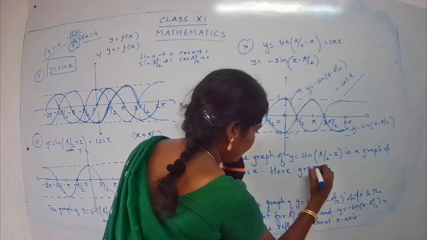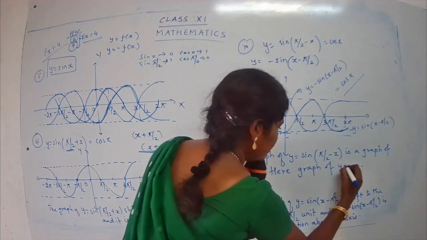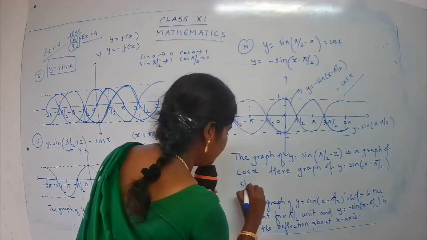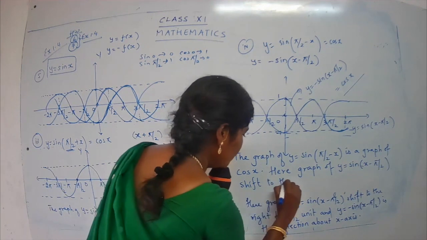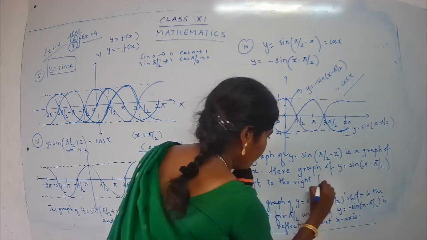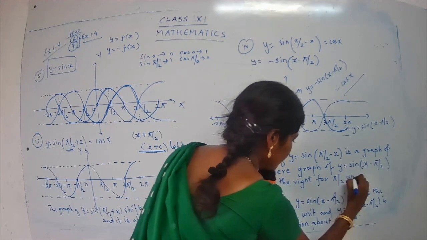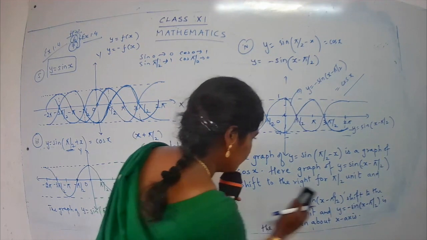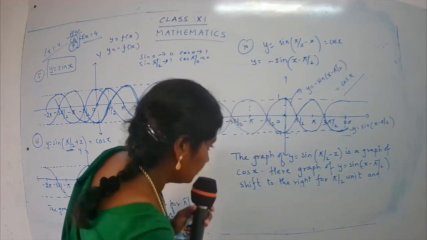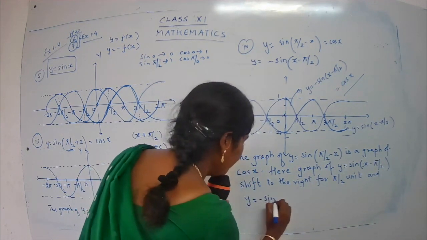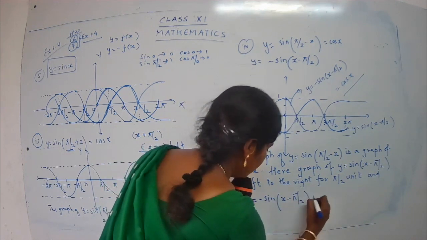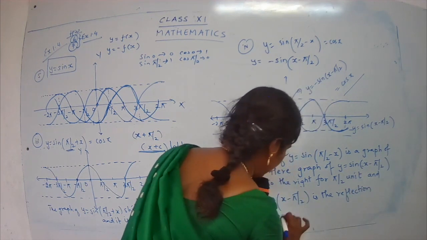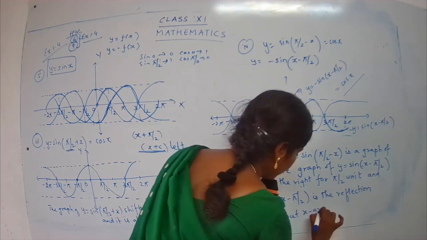Here graph of y is equal to sine x minus pi by 2 shifts to the right for pi by 2 unit, and y is equal to minus sine x minus pi by 2 is the reflection about x-axis.